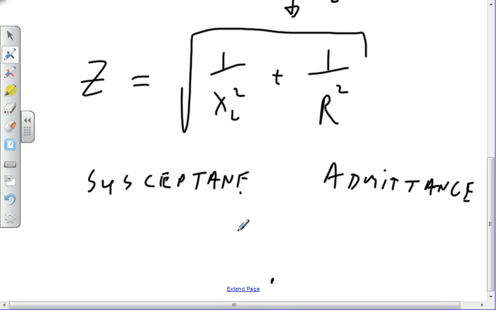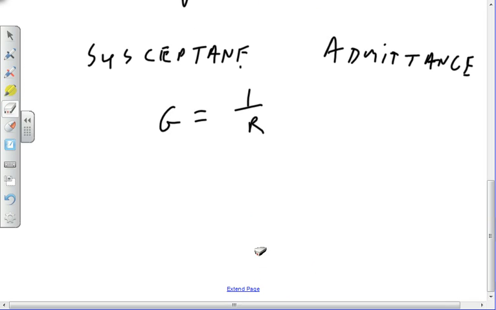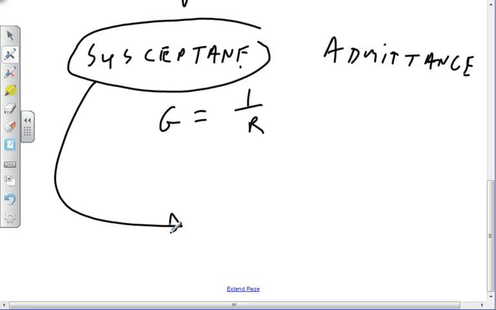If I have resistance only, then my conductance is G equals 1 over R. But if I have reactance, then my susceptance B is equal to 1 over XL.